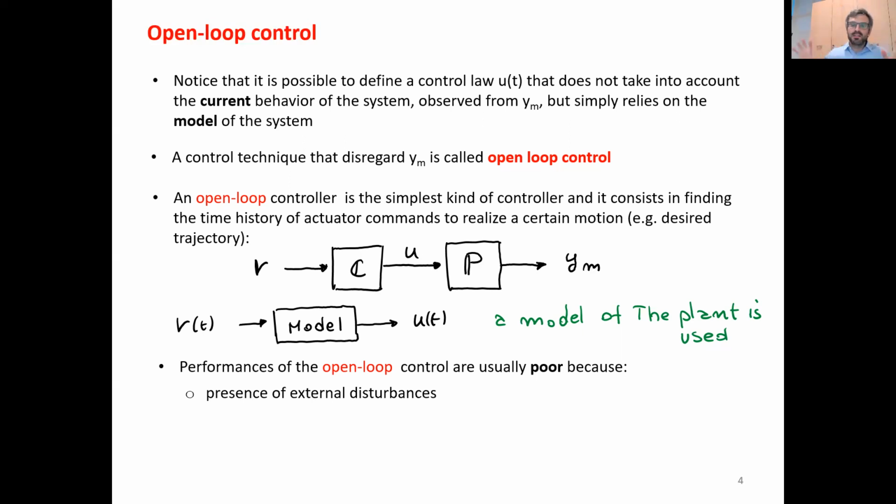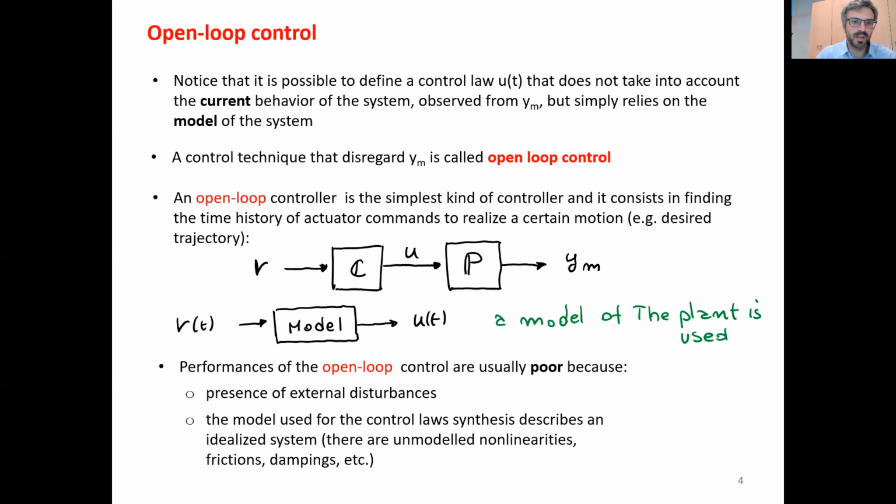If everything is ideal, let's say our model is perfect, as Davide said, and the system is stable, we could have a behavior of ym equal to r. But if you have any little disturbance, then this will drift away. If you have modeling inaccuracy that doesn't reflect the correct behavior of the plant, then also we have drifting away.